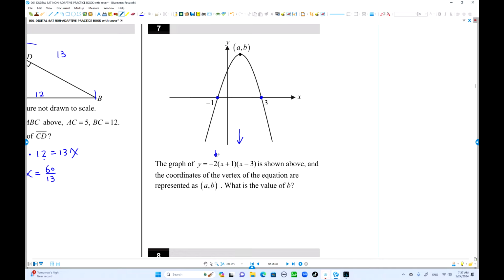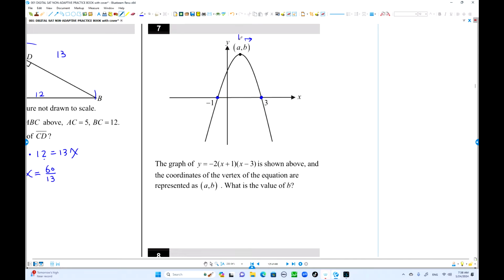Now we're going to find the value b. What is b? The y-coordinate of the vertex. How can you find the value b? Maybe you can use the axis of symmetry. Okay.